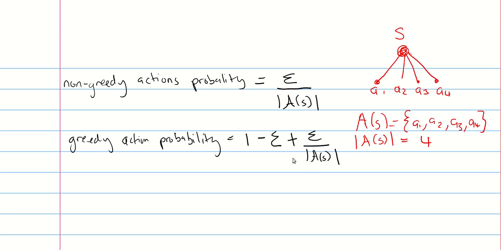This is just to ensure that our probabilities ultimately sum up to 1. So basically what's important to note here is that epsilon plus 1 minus epsilon should sum up to 1: the non-greedy action probability and the greedy action probability. Of course, this also includes the greedy action here, which is what's removed over there. So please note it like that.